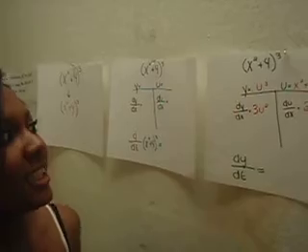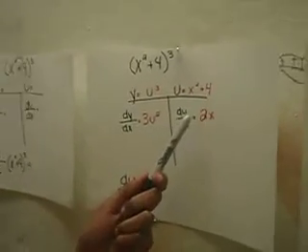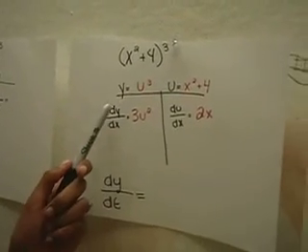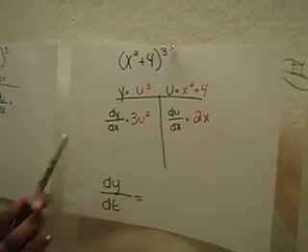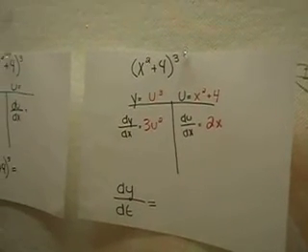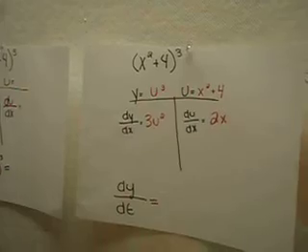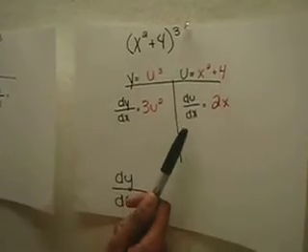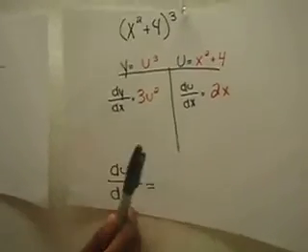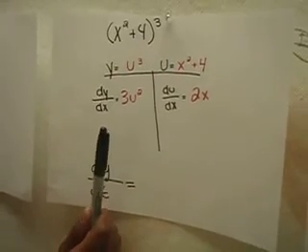So here, u equals x squared plus 4, since it's plugged in, and y equals u cubed. Y always has u in it, and the derivative of u is 2x, and the derivative of y is 3u squared.